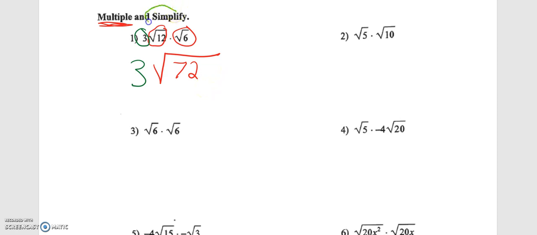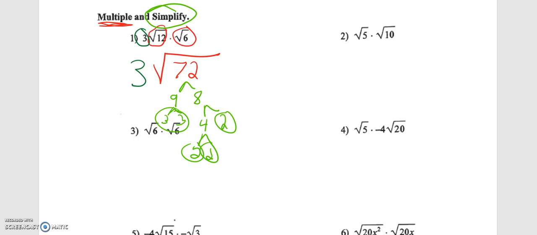However, then it goes back to this rule of simplifying, which is what we did on the front page. So now you'd want to go back, and whichever method you chose that you liked, I would go about it that method. So maybe you would want to break this down into 9 and an 8. This would become a 3 and a 3. The 8 would keep going and become 4 and 2. The 4 would become a 2 and 2, and you kind of have everything factored out. Then you go back and you say, okay, here's a pair, here's a pair.